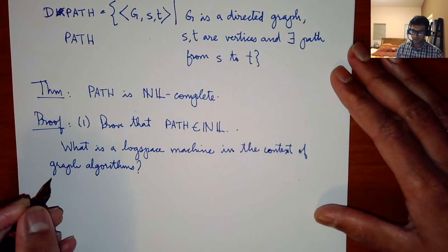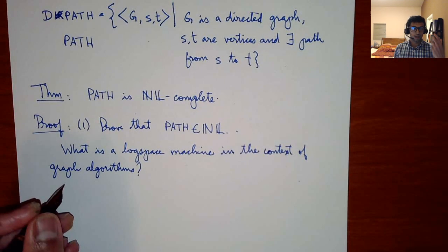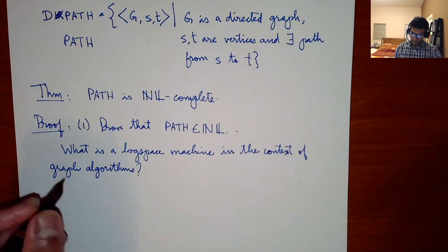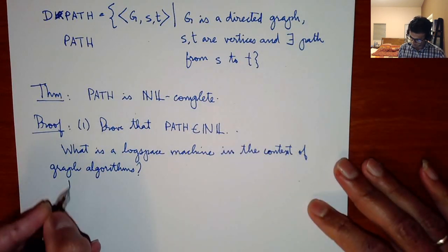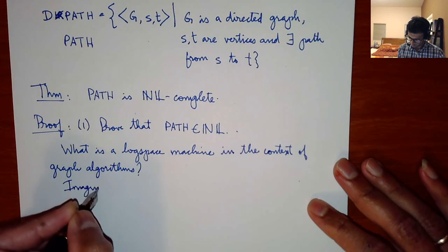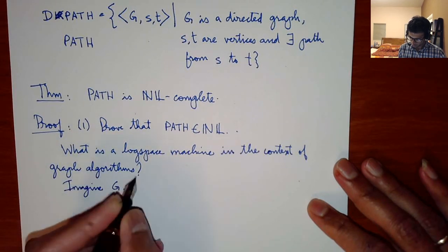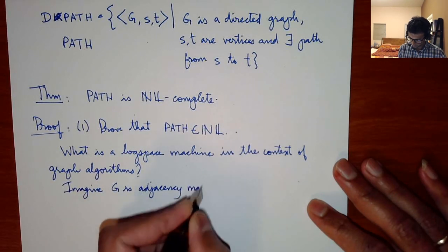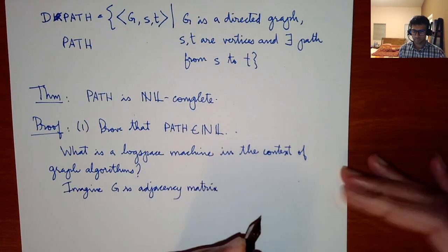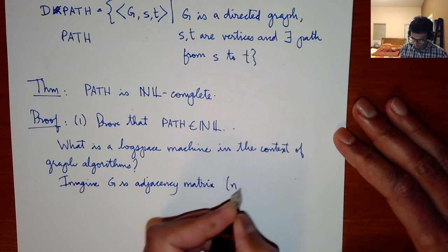Remember, the number of vertices is like the size of the input, up to that squared. So you can think of G being stored as an adjacency matrix. It doesn't matter, but let's store it as an adjacency matrix just for clarity. Imagine G is the adjacency matrix, and let's say there are n vertices.